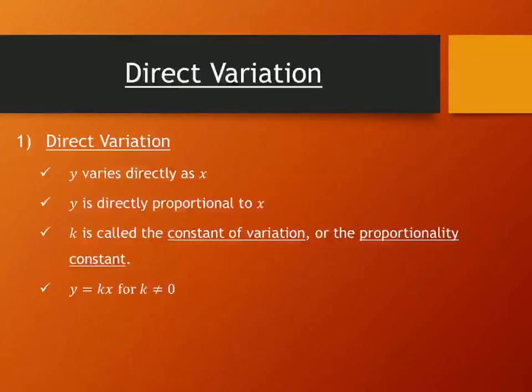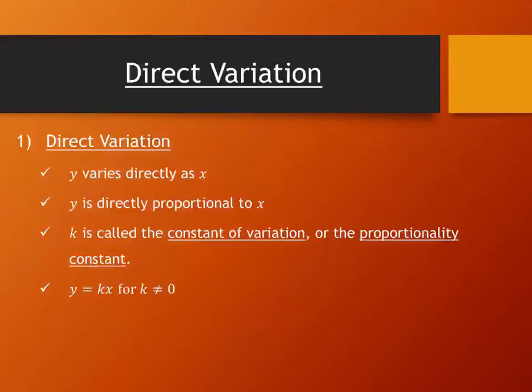So let me start with this type. We have several types of variation, 3 in particular that we're going to talk about. The first variation is called direct variation. The first 2 check-marked pieces are just language components that mean the same thing.